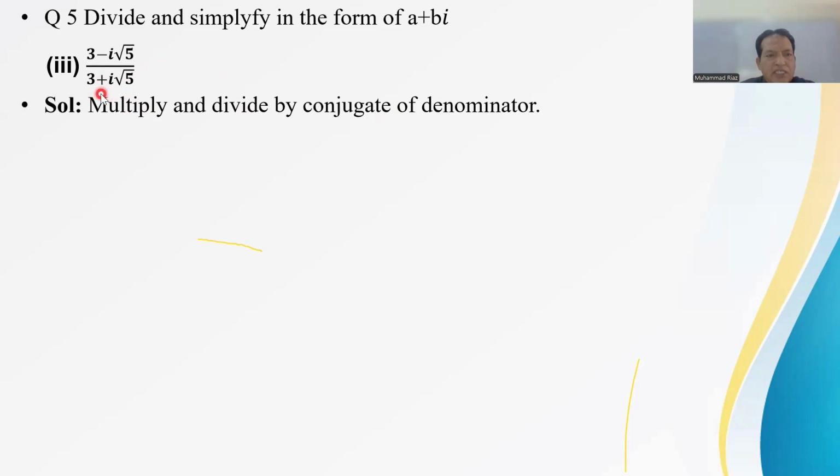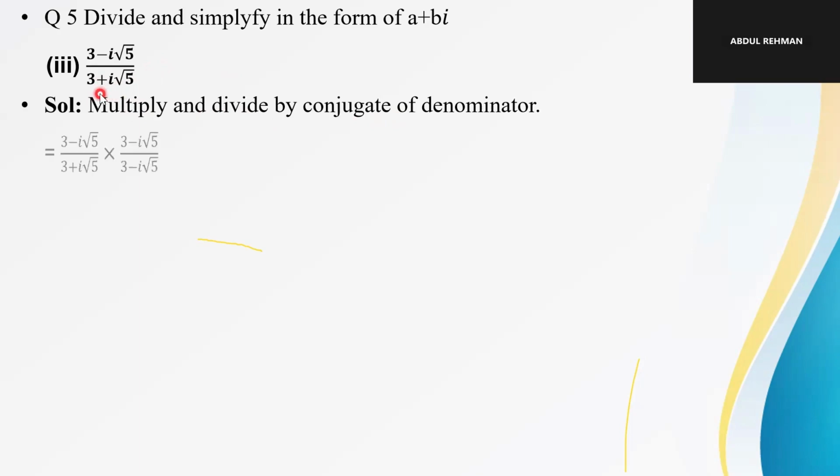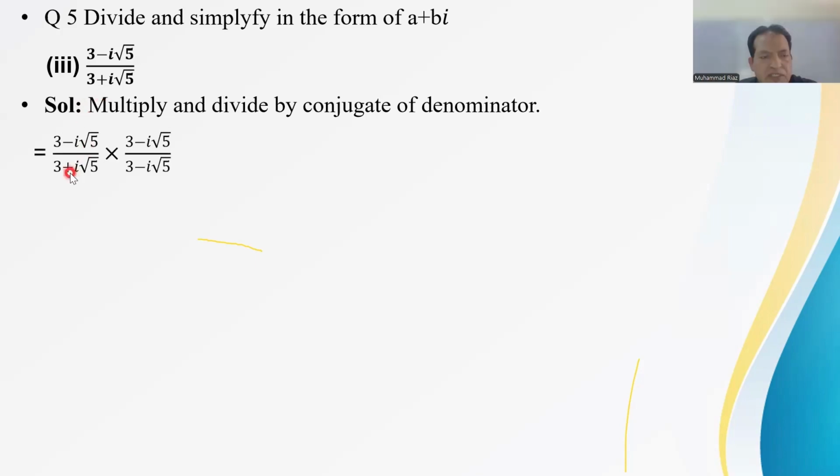We change the sign in the denominator. Now multiply and divide by 3 minus iota under root 5, which is the conjugate of 3 plus iota under root 5.